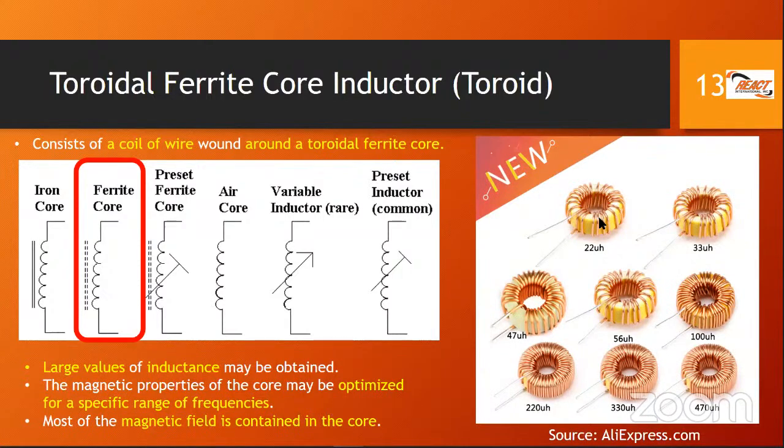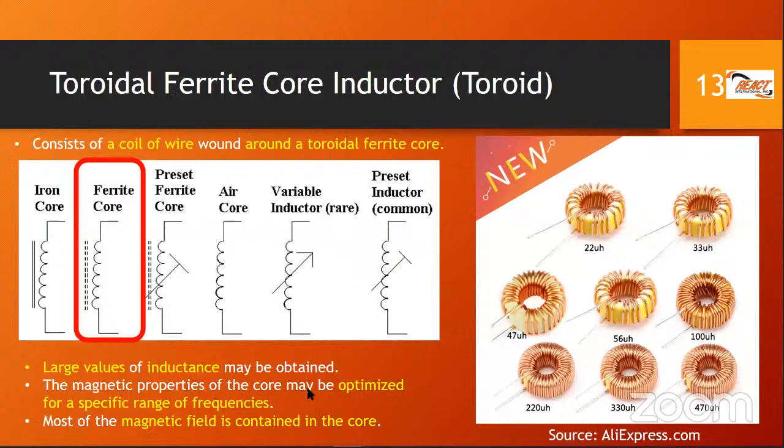So it's a toroid. Now, the thing about it by itself, the air core inductor, which is just the coil of wire, has inductance. But when you wrap it around a toroid like this, a ferrite core toroid or any other type of material, metallic like this, what you do is you increase the value of the inductance significantly. So we say here that you get a large value of the inductance when you put it around a toroid like this.